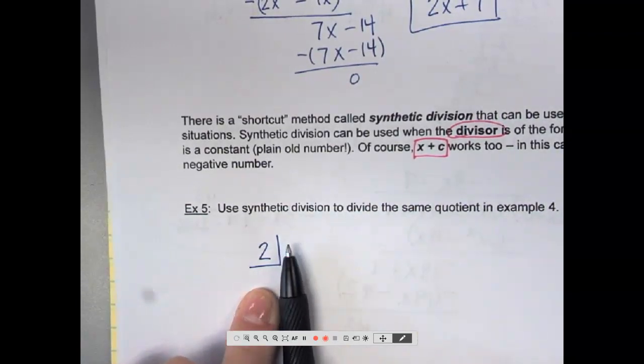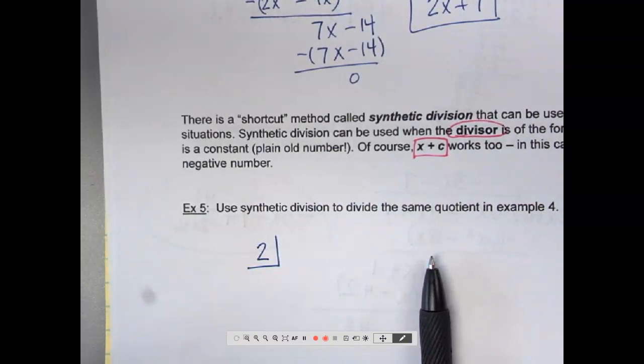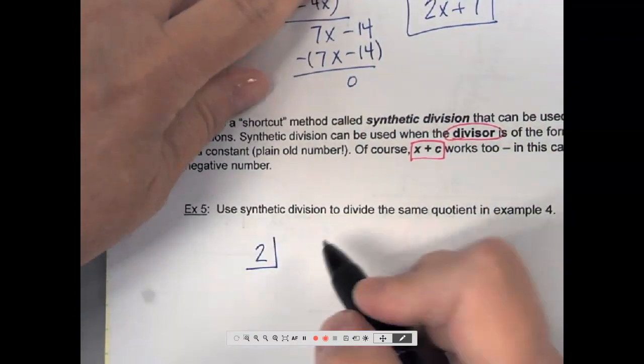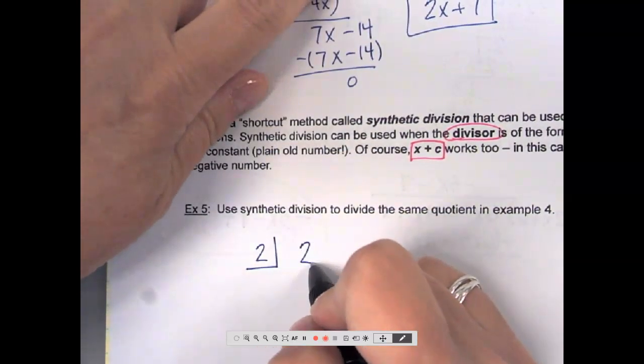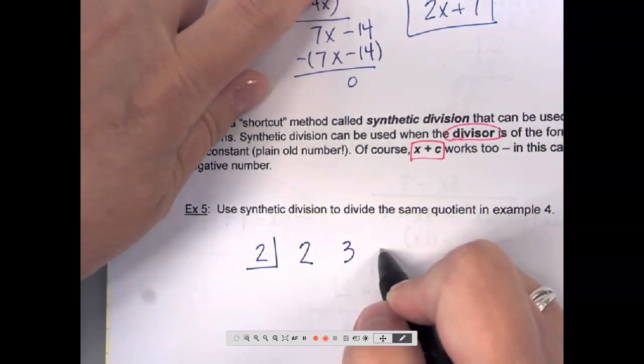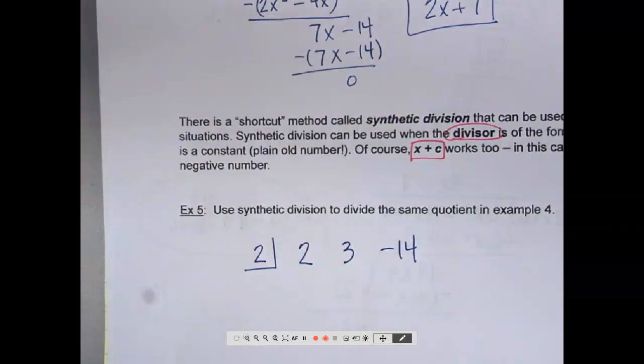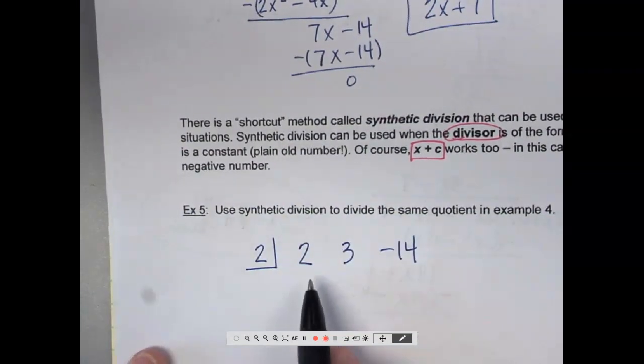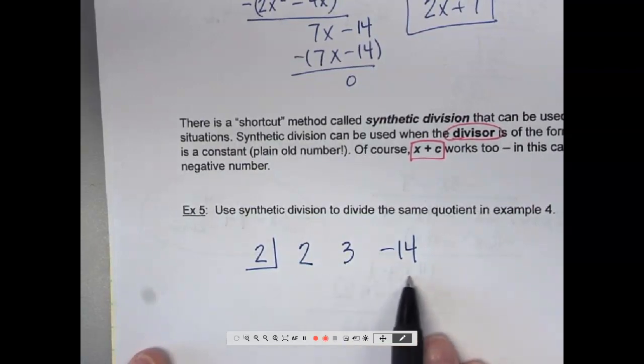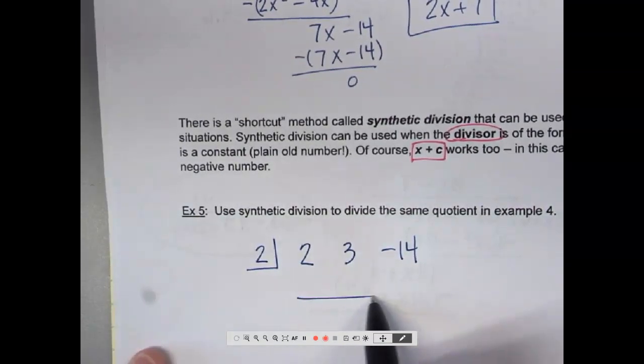Put the opposite there. Then I list in descending order the coefficients and constants, no variables, so it doesn't get bogged down in the variables. I have 2x squared, a 3x, and a negative 14. No variables are used in synthetic division. Leave a line for another row of numbers and draw a line.